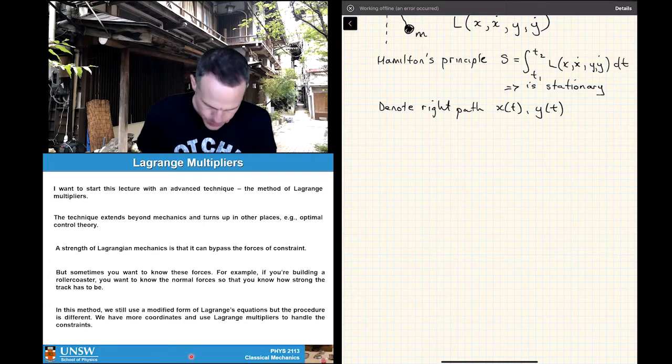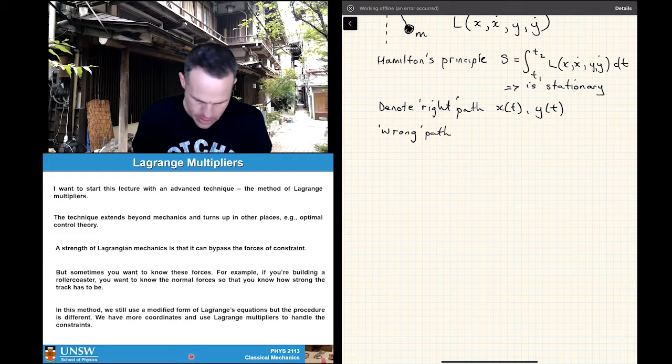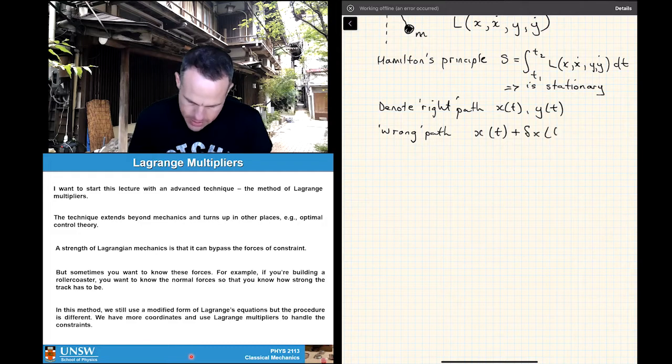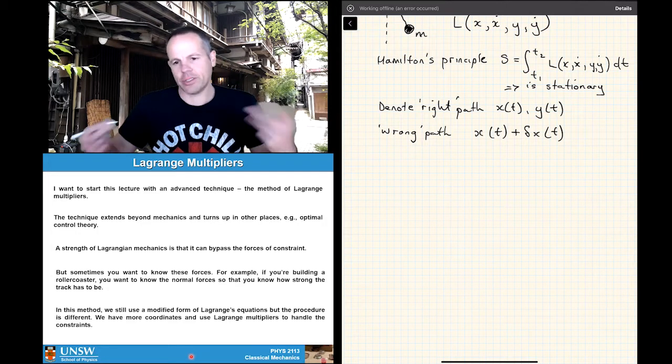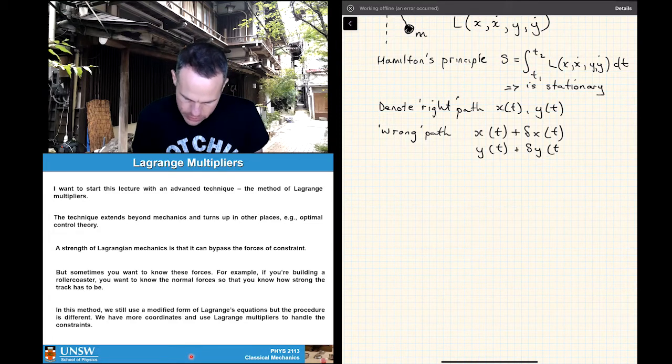So we have a wrong path. And it's going to be x of t plus, I need a plus, not an equals, plus delta x of t. So we're just going to add a little something to make the path a little bit wrong, and y of t will do likewise, plus delta y of t.